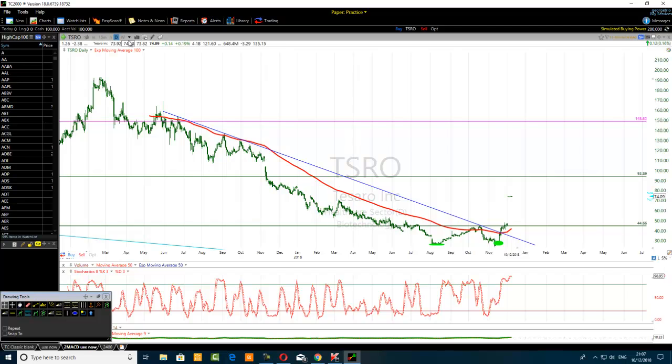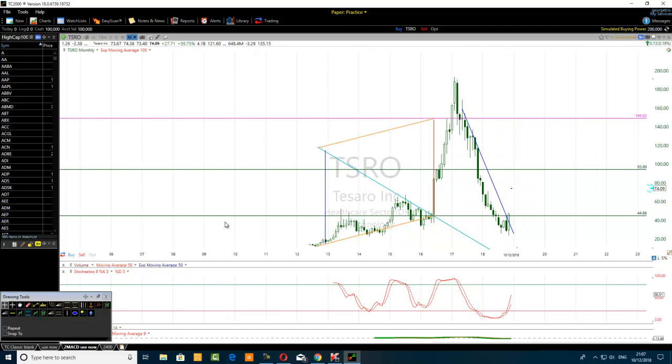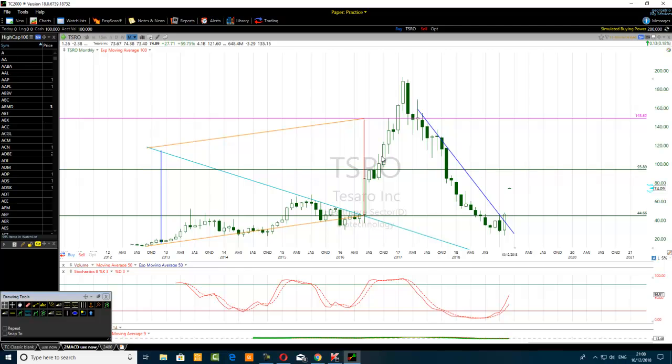So we can go a little bit deeper, go to the monthly chart, and investigate what's happening here. This is a stock that went up one way and came down the other way. Now on the monthly chart, the price is at a support zone. The support zone is 2688. That's the first bounce at that support level.